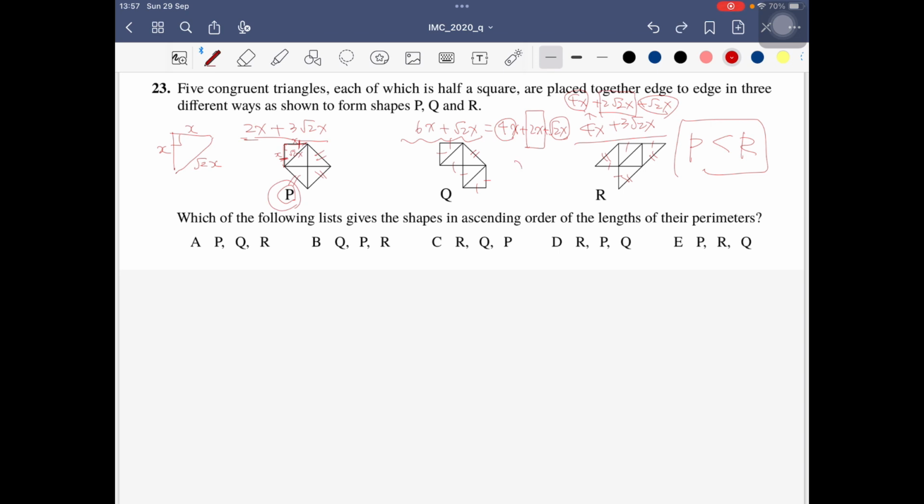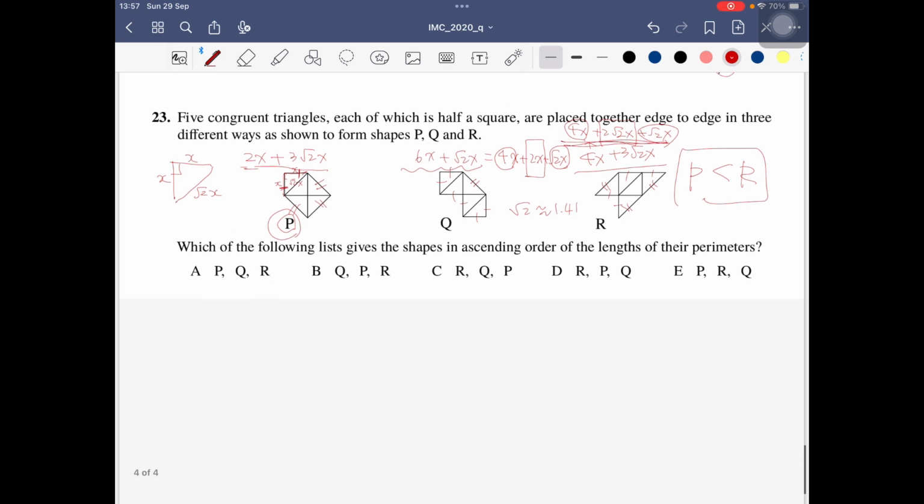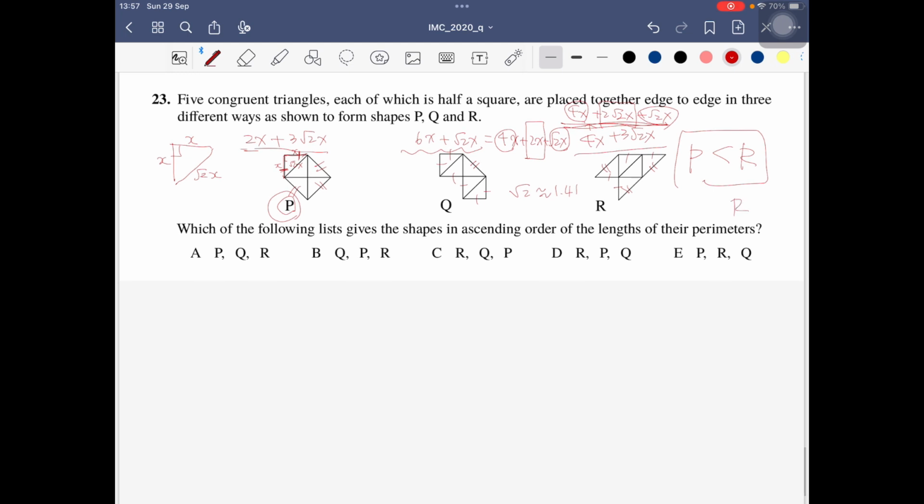I mean, square root of 2 is almost 1.41, so when we double it, it's 2.8 something. So this is larger. Oh, okay, so R is larger than Q.